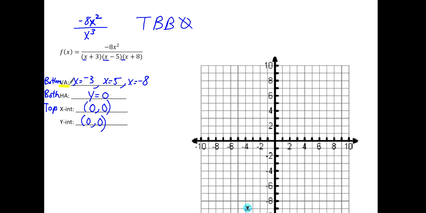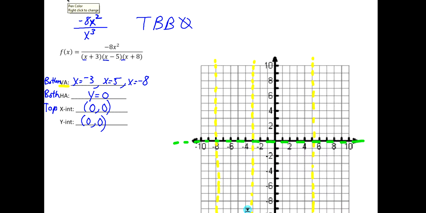So start with my vertical asymptotes. So we have one at -8, -3, and +5. We have our horizontal at 0.